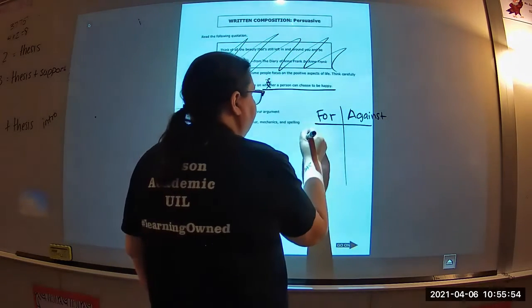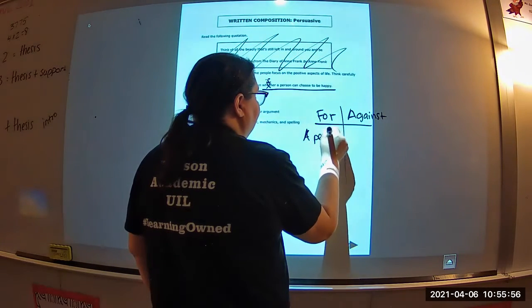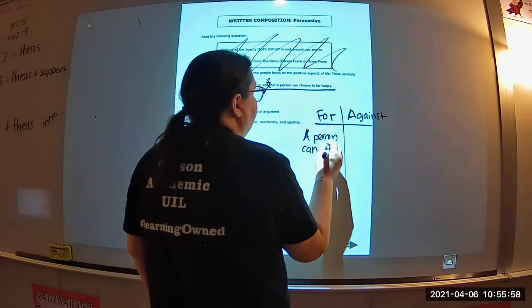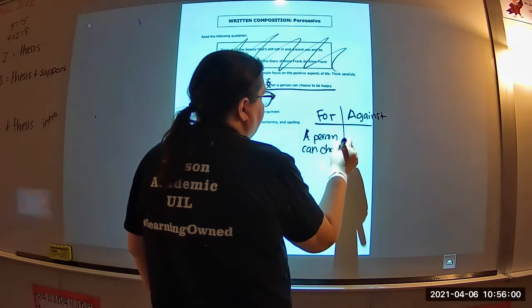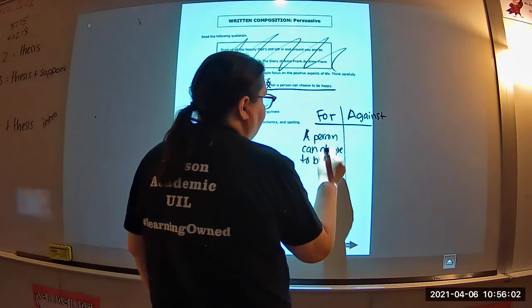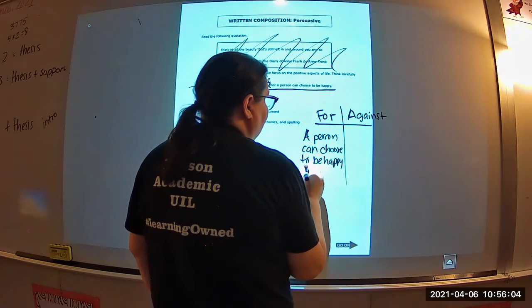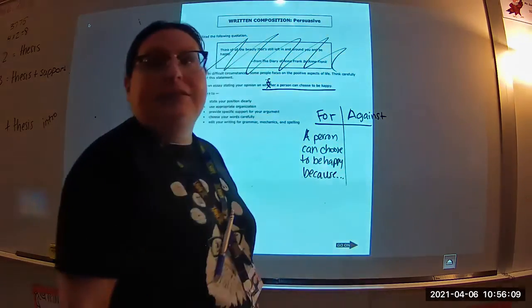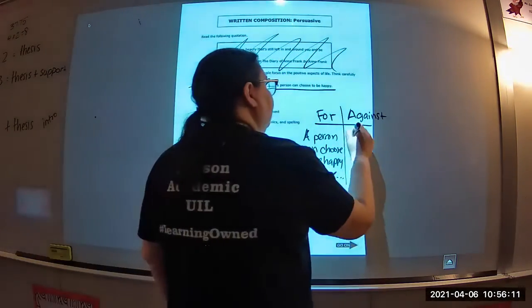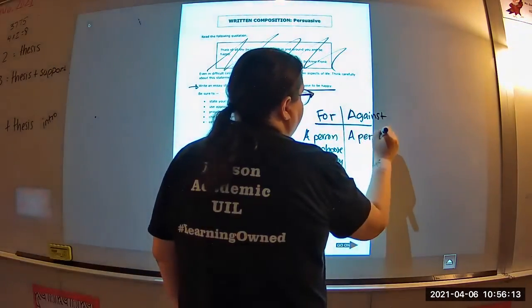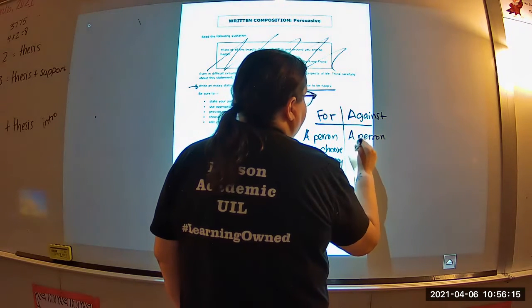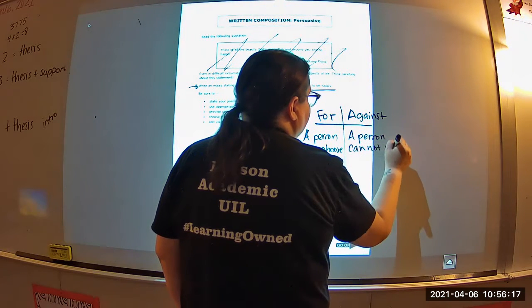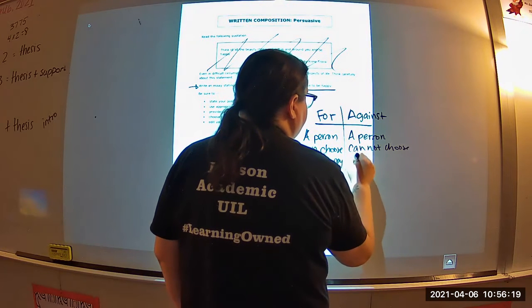A person can choose to be happy because. The against is a person cannot choose to be happy because. Is that hard? I don't think so.